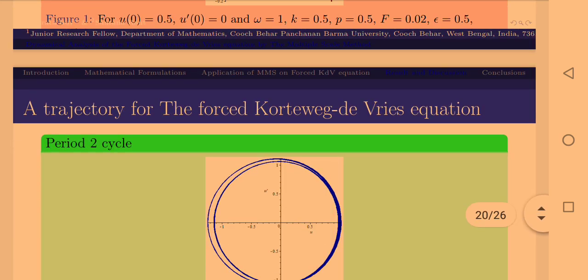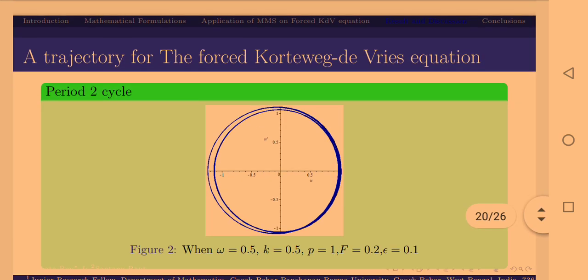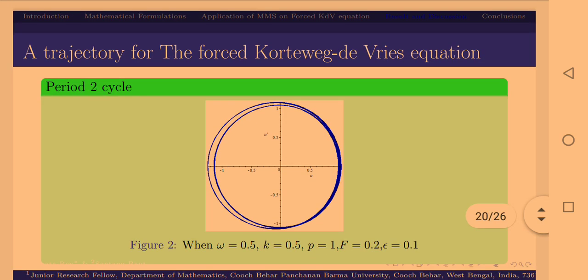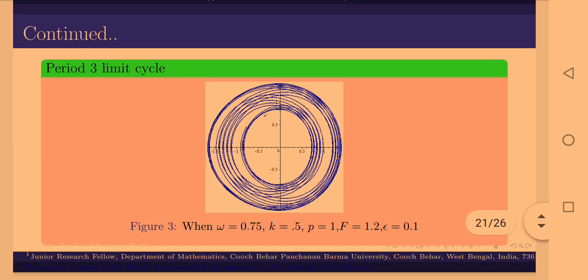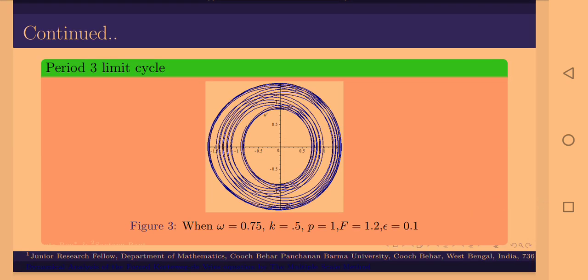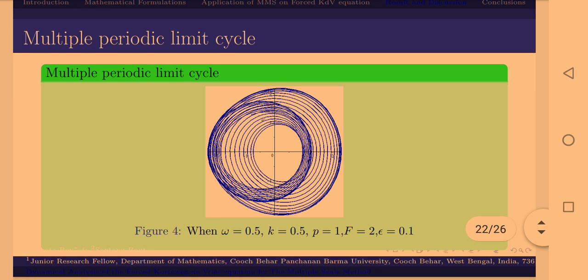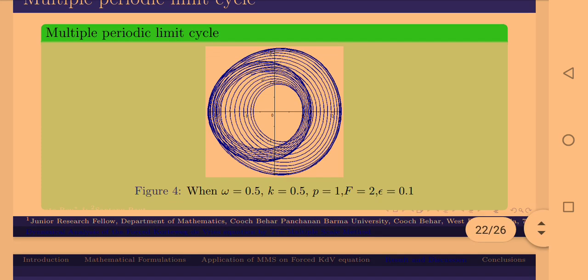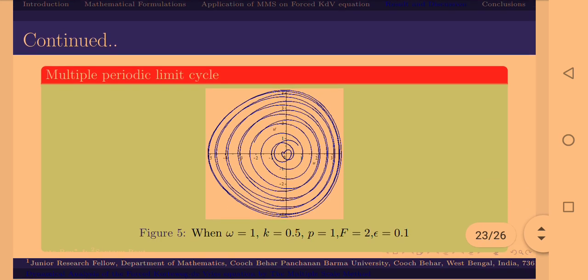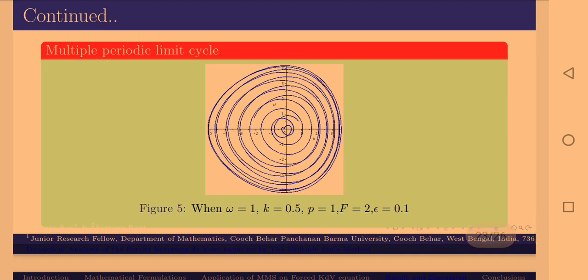Here we draw the limit cycle of period 2 for different parameters. We depict the 3 periodic limit cycle for different parameters. We plot a multiple periodic limit cycle for different parameters. Here we also draw the multiple periodic limit cycles.